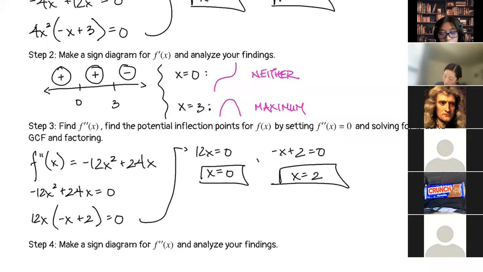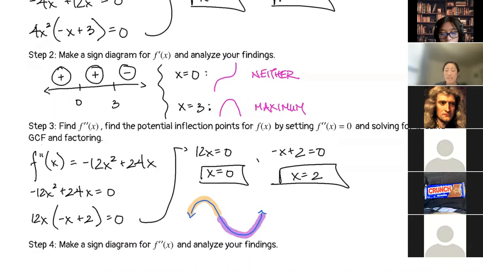For example, if I had a graph like this, I think we would agree that this part is concave down, right? And that this part is concave up.